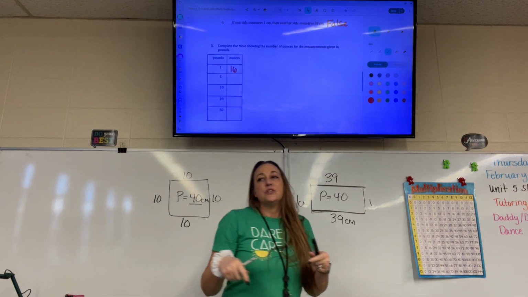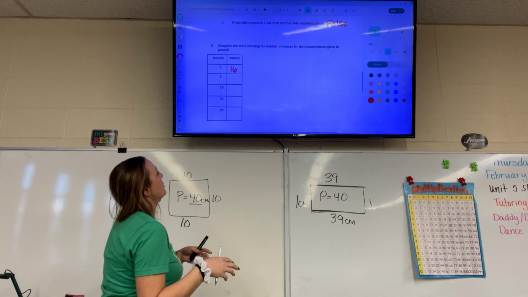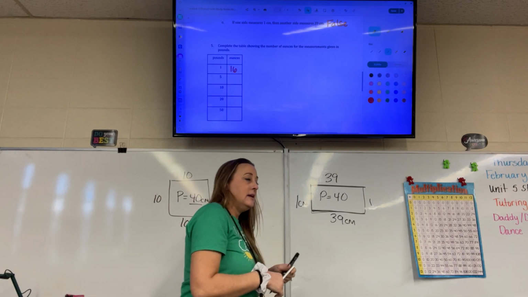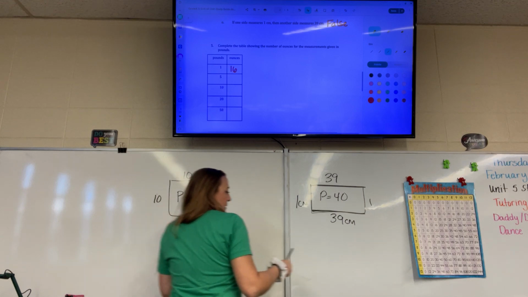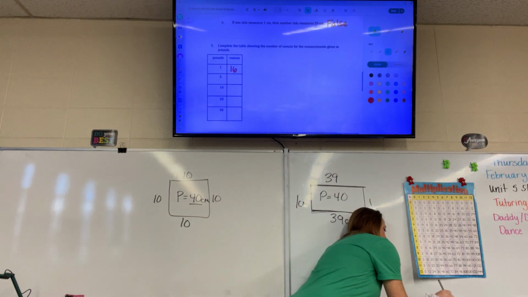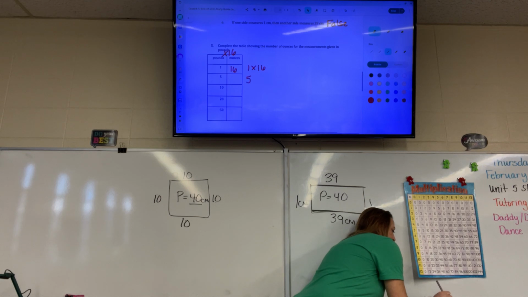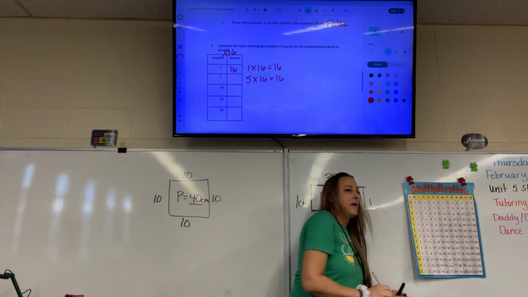Okay? So if 5 pounds go into the machine, what's happening is it's being multiplied by 16. So this is 1 times 16. This would be 5 times 16. So what's 5 times as many as 16?